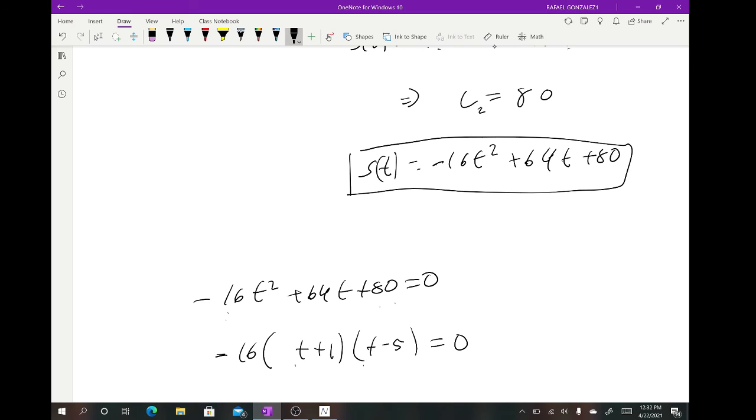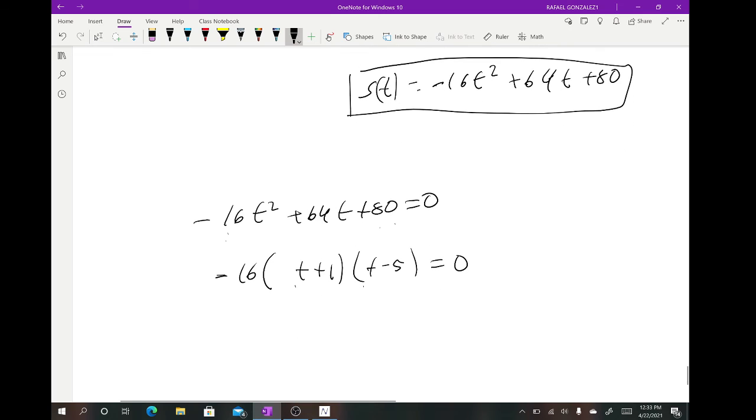Then you're going to get in the middle negative 4t and then negative 5. And then if you multiply t squared by negative 16, you get negative 16t squared. If you multiply negative 16 by negative 4t, you get plus 64t. And then if you multiply negative 5 times negative 16, you do get 80.